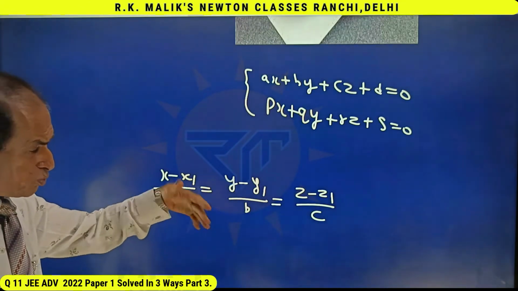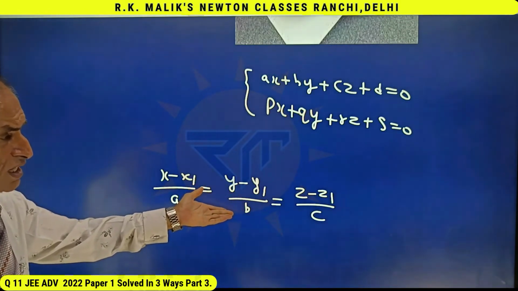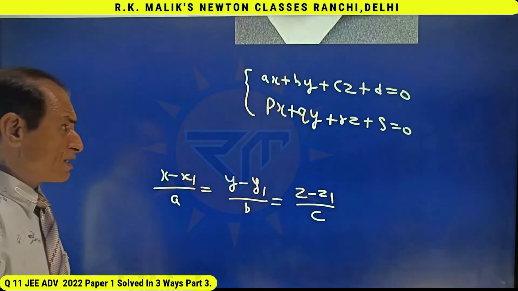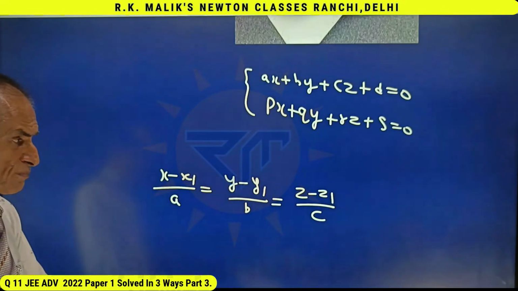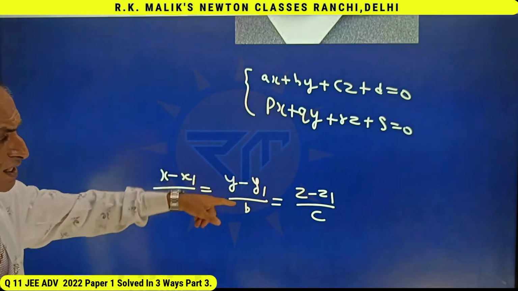If it is possible to find the value of lambda, it means this line lies in that plane. That is, we will say these two lines are coplanar.